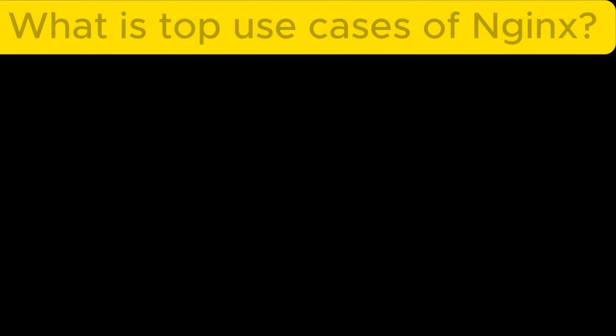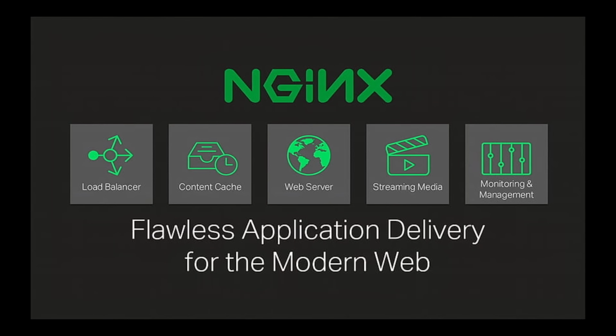Last but not least, Nginx is commonly used in conjunction with Docker and container orchestration platforms like Kubernetes. It serves as a reverse proxy and load balancer for containerized applications, facilitating deployment and scaling.